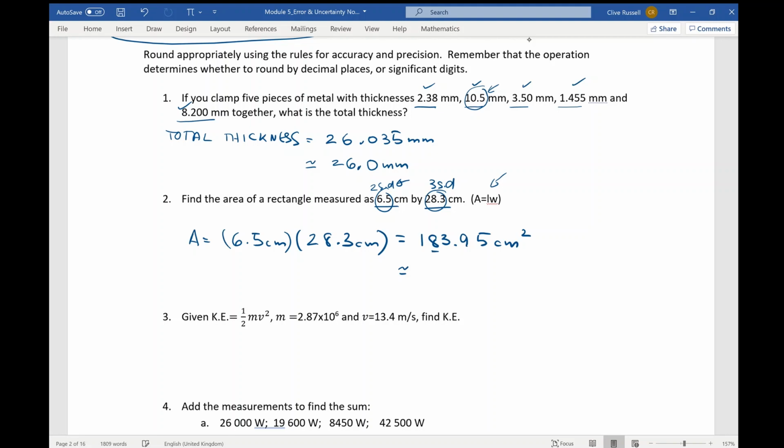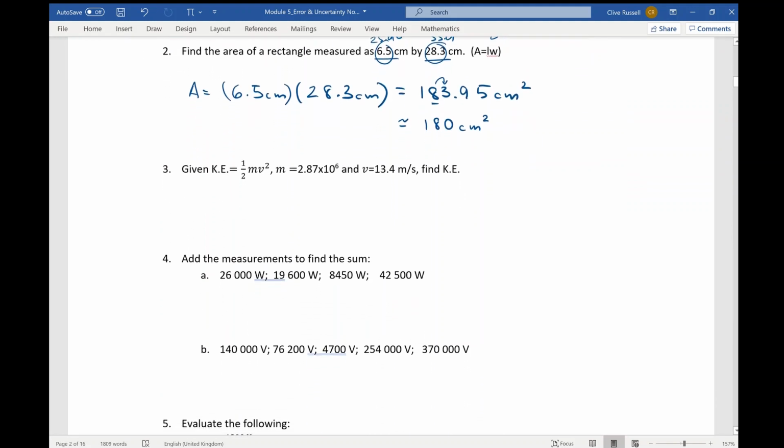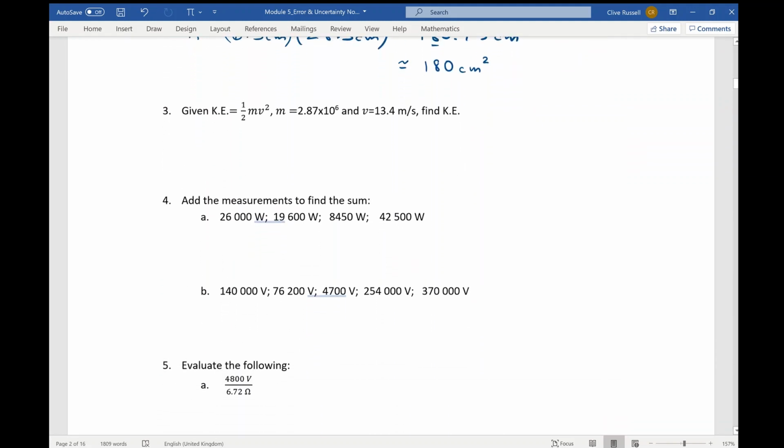We look to the right, it's less than a 5, so we keep this as a 180, and that's centimeters squared. Now for the next 3 examples, there's nothing new here. You could just consult the posted solutions.